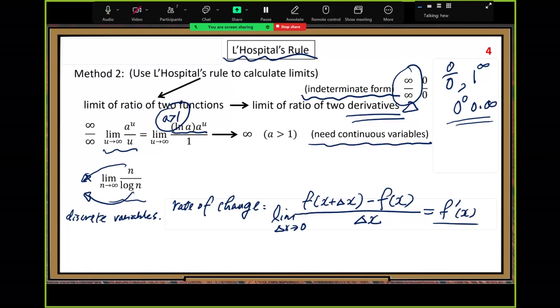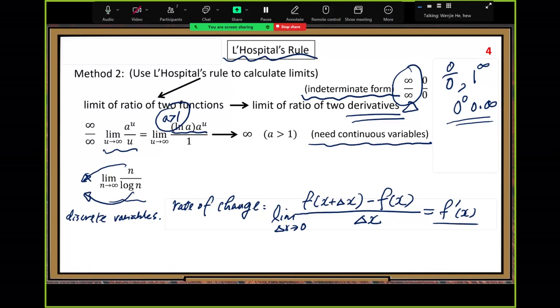You cannot take non-integer numbers. So it's a discrete variable. All the functions we use in this class have discrete variables. So in this step, you cannot apply derivatives directly, but we can apply them indirectly.